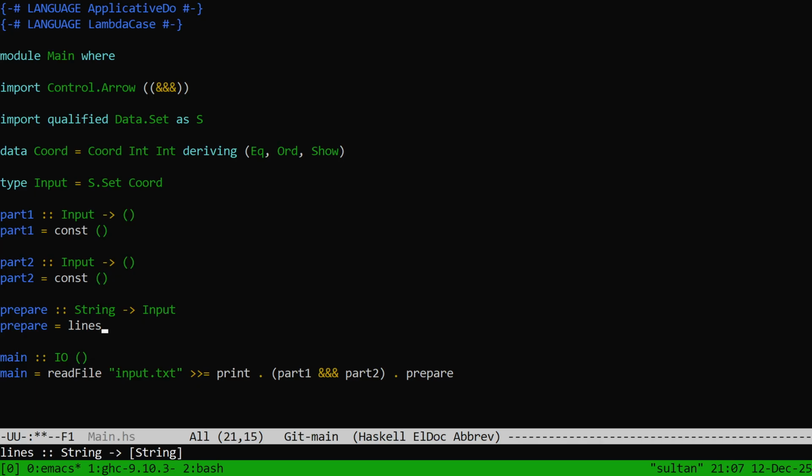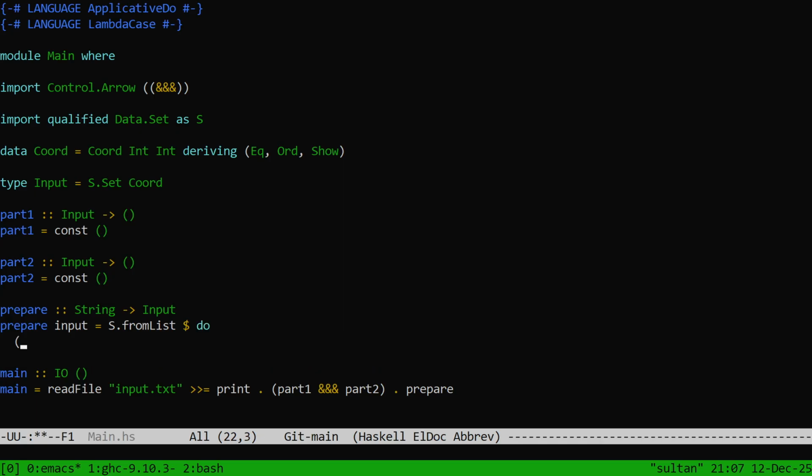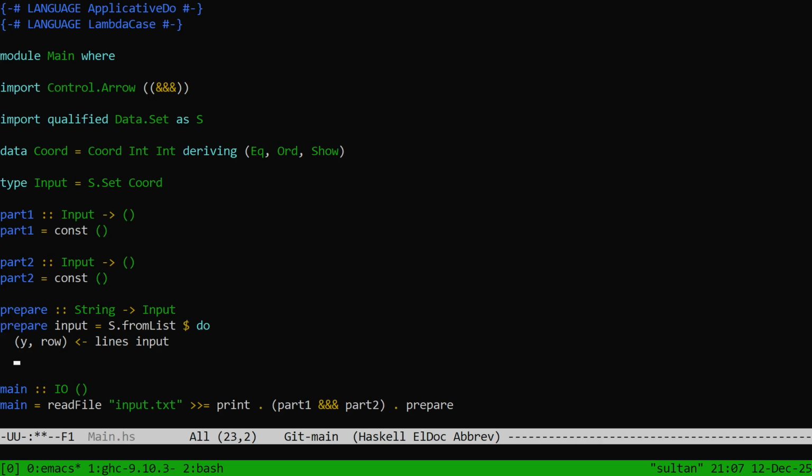So let's write prepare. Prepare of input is S.fromList of do, y, row from lines of input, x, c from the row.